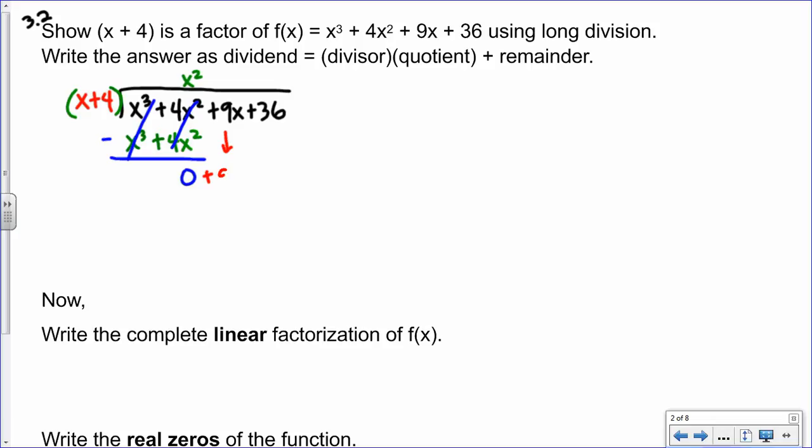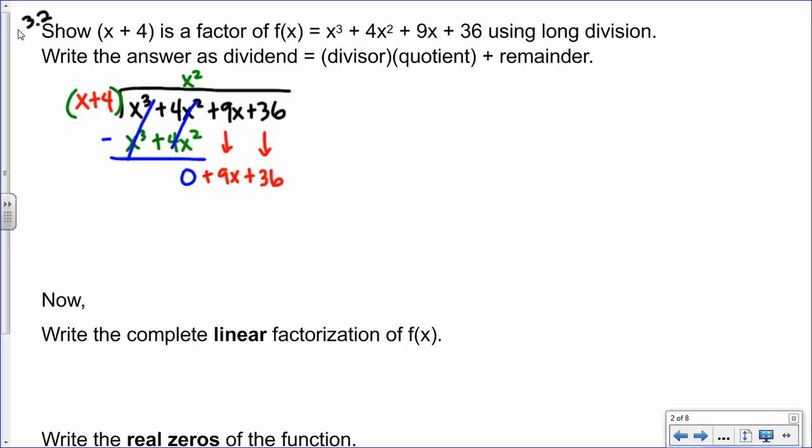So that's plus 9x. Okay, you can either write 0x squared here and do, okay, what would you multiply x by to get 0x squared? Well, 0x, put a 0 there. But since it's just 0, you can ignore that 0 and go ahead and bring down both terms. Okay, because you need 2 terms. Your divisor, x plus 4, has 2 terms, so when you're dividing, you need 2 terms.